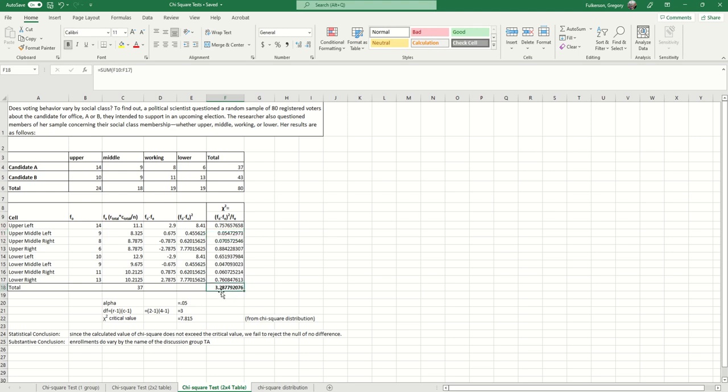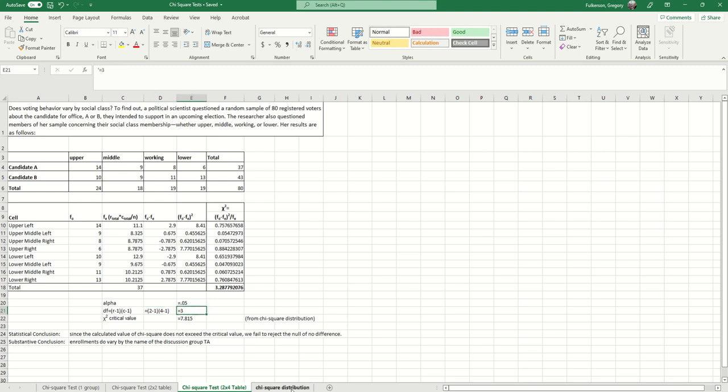So for this particular example, we see the calculated chi-square is 3.2. The degrees of freedom, we have 2 rows, so 2 minus 1, and 4 columns, so 4 minus 1 is 3. Right, so 1 times 3 is 3.